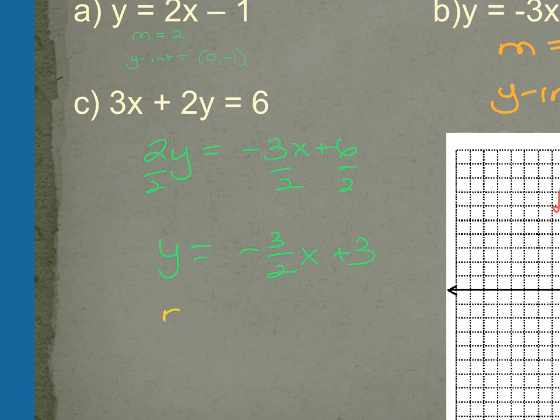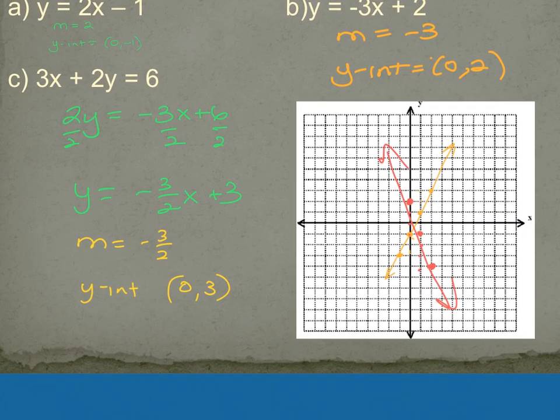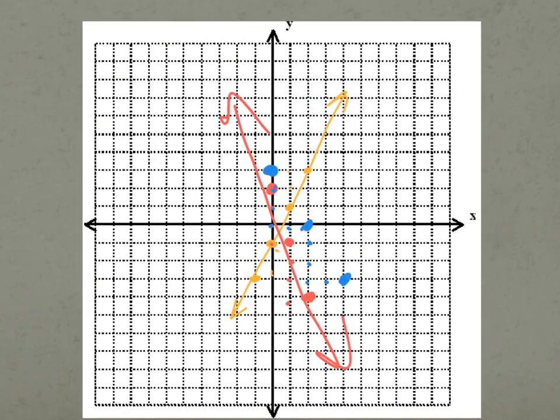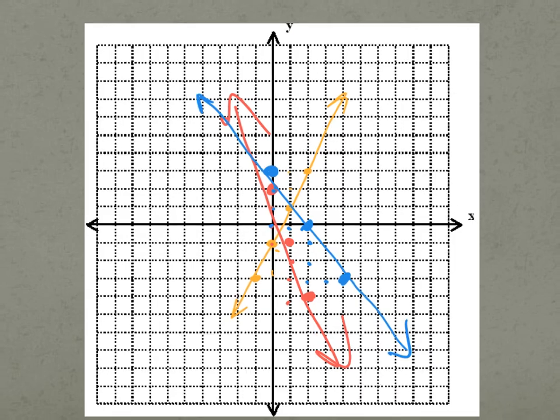And now my m is -3/2, and my y-intercept is (0, 3). So I'm going to go to 3. Slope is -3/2. 1, 2, 3, 1, 2, 1, 2, 3, 1, 2. Okay.